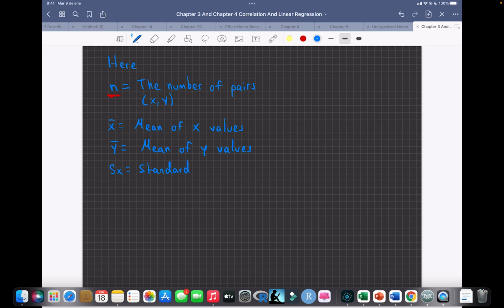We're going to be using that a lot in this course. Standard deviation of X values, and obviously Sy is the standard deviation of Y values.